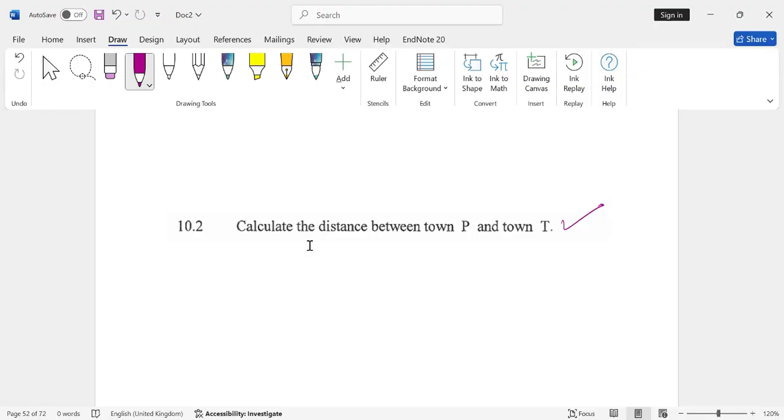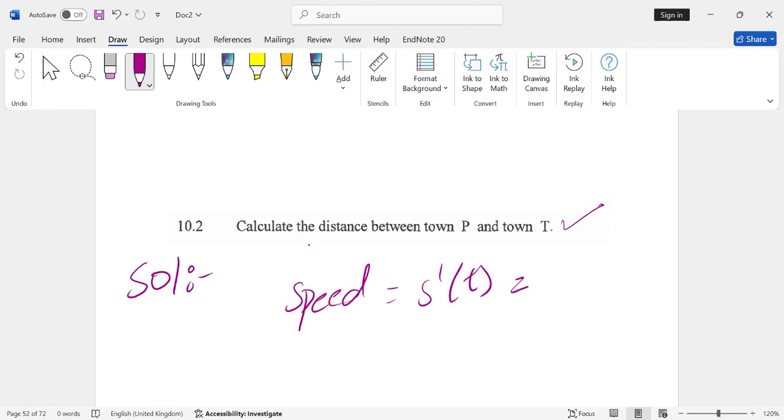Because we have to calculate the speed, I'm just writing that speed equals s prime of t, which equals 0.